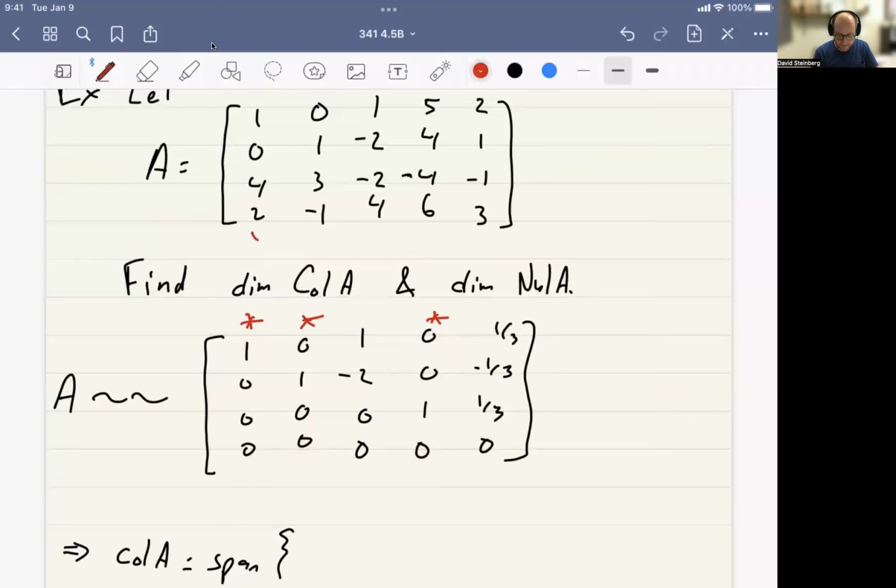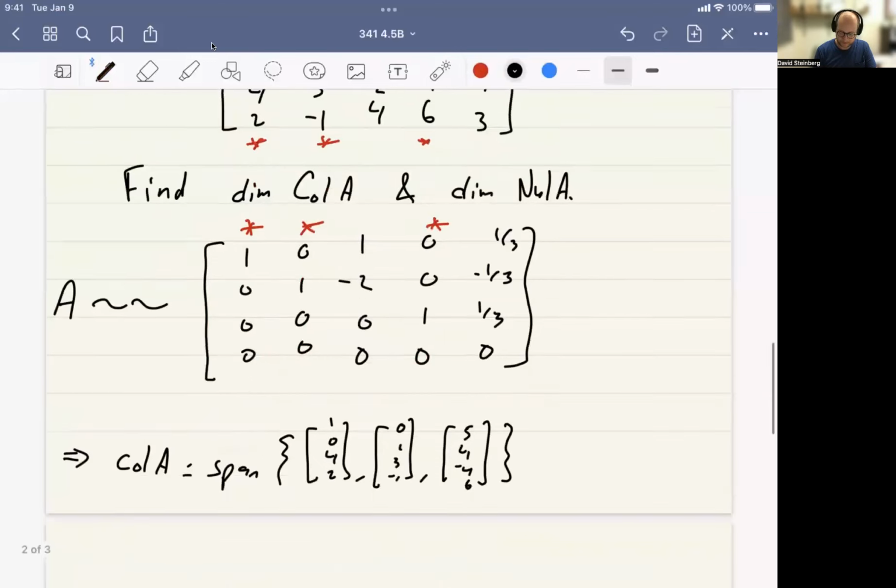That means we want columns 1, 2, and 3 of A for our basis of the column space. So really we want the vectors (1, 0, 4, 2), (0, 1, 3, -1), and (5, 4, -4, 6). And that's telling us that the dimension of the column space is just 3.